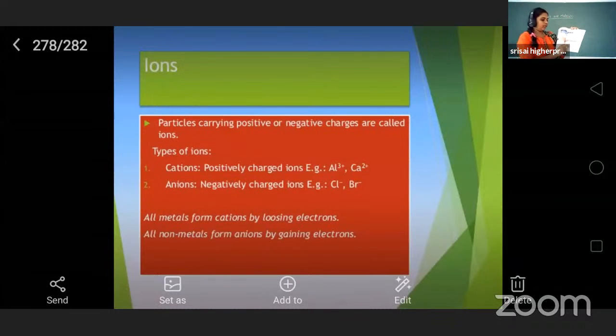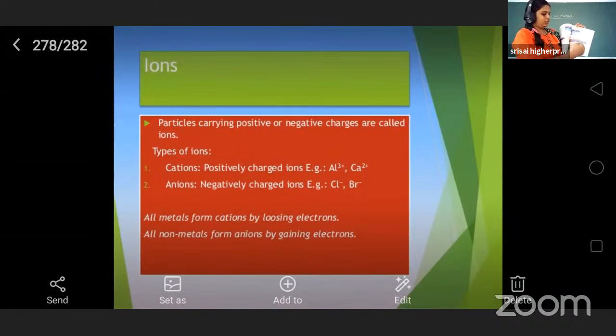These are metals. Come to the non-metals: hydride, chloride. Non-metals are represented by the negative sign. Wherever positive signs are there, they are metals, meaning cations, and wherever negative signs are there, they are anions, the non-metals.